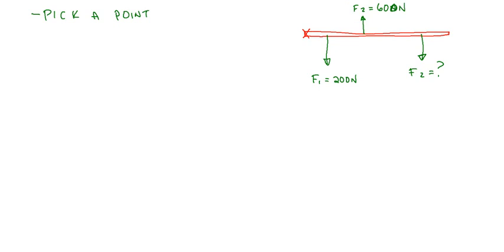So if I measure these distances here, that's the second step. I need to measure all distances from the point of rotation, which was this point, right? In this case, I'm going to just make up some numbers.